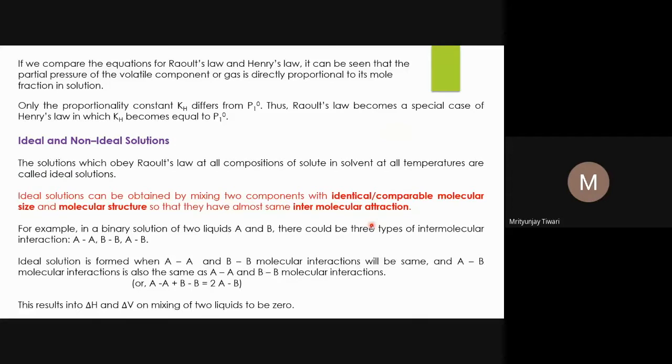Depending on the size and the molecular structure, the interaction between molecules differs. I hope you understand this. Suppose in one set there are two molecules of the same size, and in another set there are two different molecules with the same size.